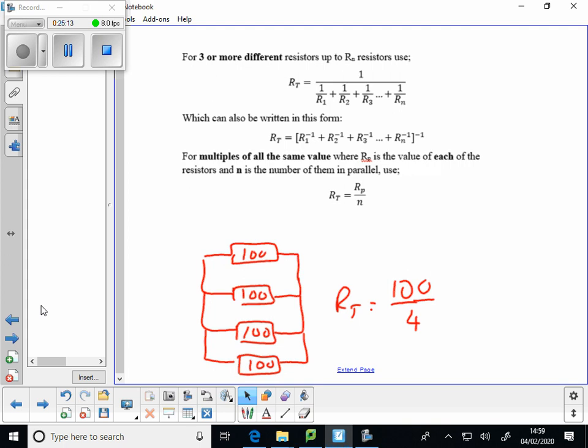So the value of each individual resistance divided by how many of them there are.